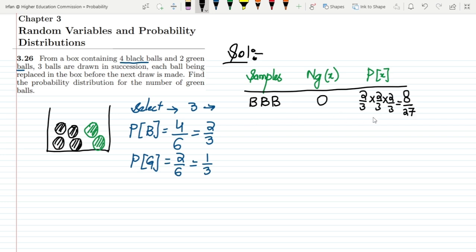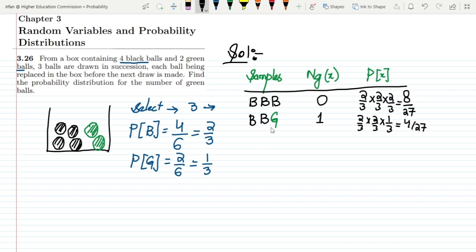Okay, so the probability of this is 8 by 27. Similarly, for the next I can also have black, black, and then green. Okay, so for it the number of green balls is 1, and the probability of it will be 2 by 3 multiplied by 2 by 3 for the black, and for the last one which is green the probability is 1 by 3, so it will be 4 divided by 27.